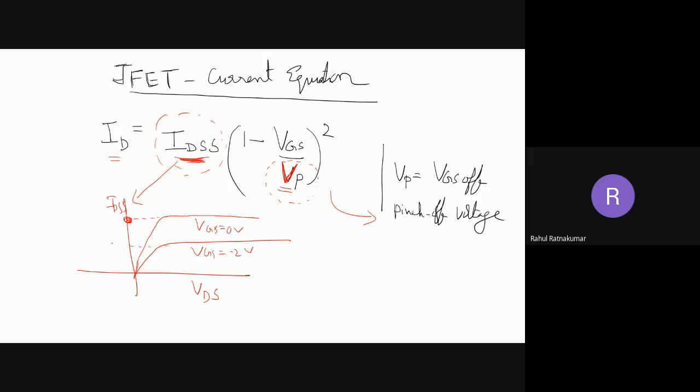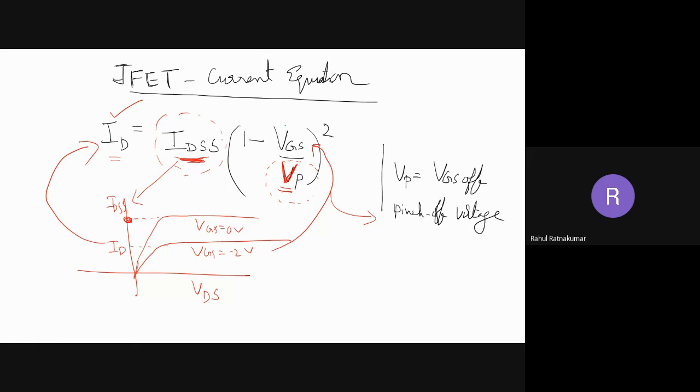So here this is ID, and this is what the equation is giving you. ID at VGS equal to minus 2 volt, we need to find. We substitute the value of VGS in this equation. VP will be known, and IDSS will be given to you. So basically we are trying to find ID for a particular VGS, other things remaining constant.